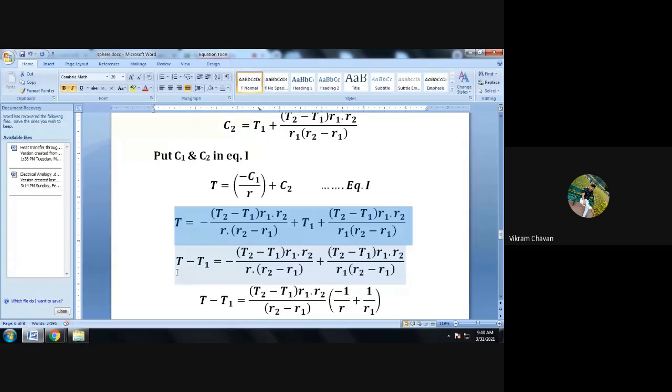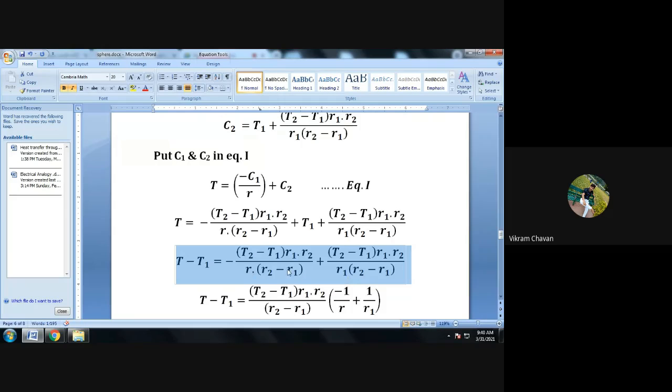So we'll get the equation as T minus T1 is equal to the remaining equation as it is: minus of (T2 minus T1) multiplied by R1 multiplied by R2, whole divided by R multiplied by (R2 minus R1), plus (T2 minus T1) multiplied by R1 multiplied by R2, whole divided by R1 into (R2 minus R1). Getting everyone? Is there any doubt, any question?